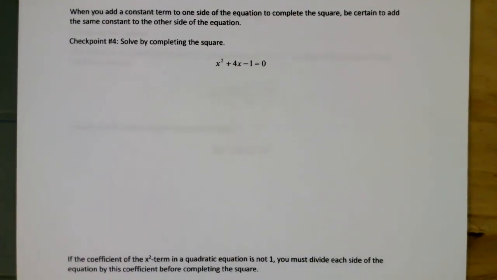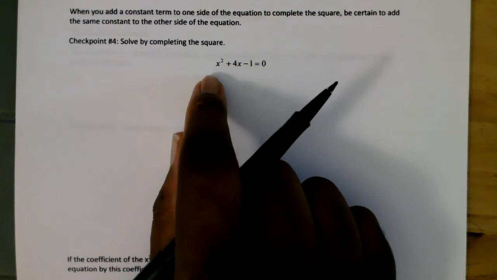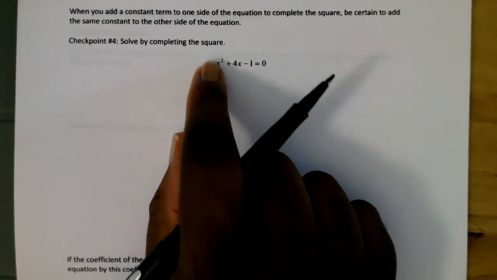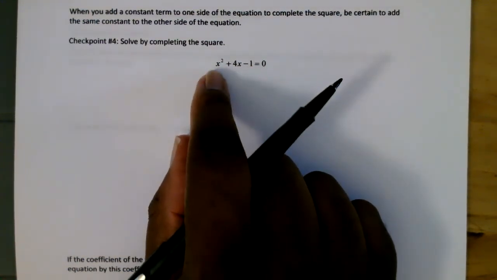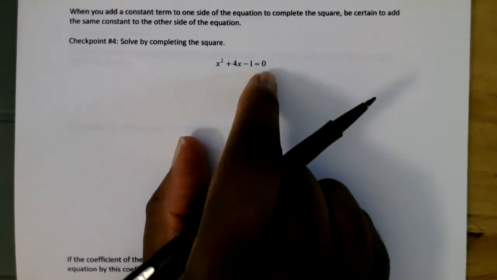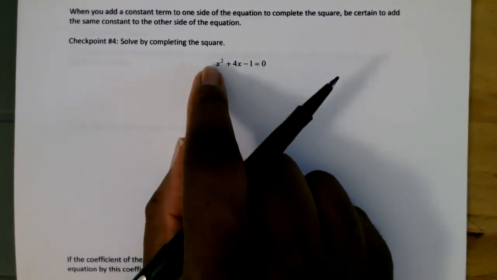Our handout says that when you add a constant term to one side of the equation to complete the square, be certain to add the same constant to the other side of the equation as well. So let's solve by completing the square. In this case, x squared plus 4x minus 1 is equal to 0. Notice my x squared term is already an understood 1 there, so I don't have to worry about dividing through by some number because the coefficient of my x squared term is 1.